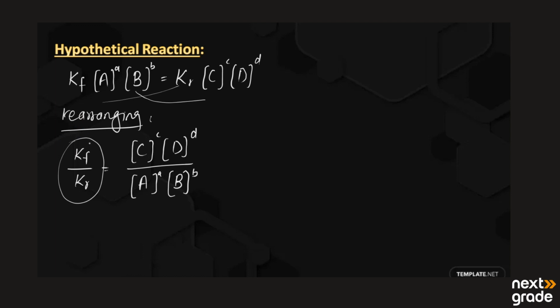The ratio of the proportionality constant of the forward reaction to that of the reverse reaction, Kf over Kr, is equal to Kc, where Kc is the equilibrium constant. The c denotes the constant for the reaction.